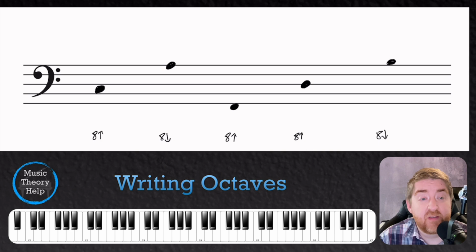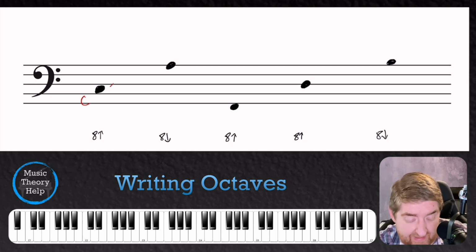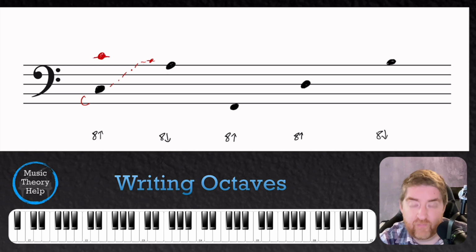Let's write octaves in bass clef. If our given note is a C, our octave above, we can count letters just like we did before. C, D, E, F, G, A, B, and C. So our C, middle C, is the first ledger line above.